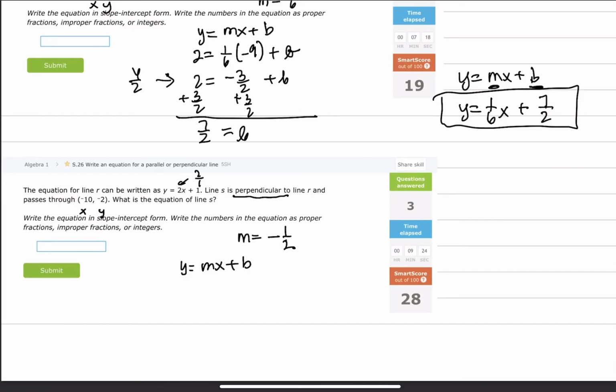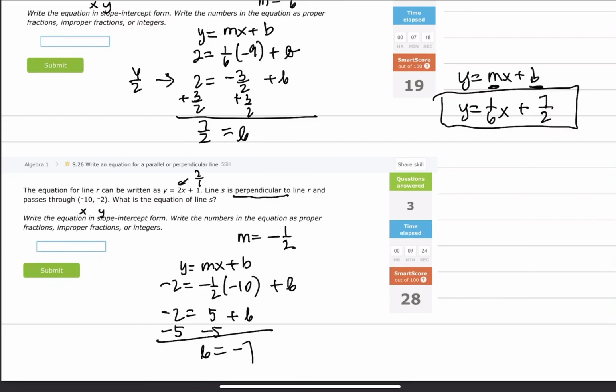So y is negative 2, m is negative 1/2, x is negative 10, plus b. Okay, so we get negative 2 equals negative 1/2 times negative 10, which is 5, plus b. We're going to subtract 5 from both sides, and we get that b is equal to negative 7.